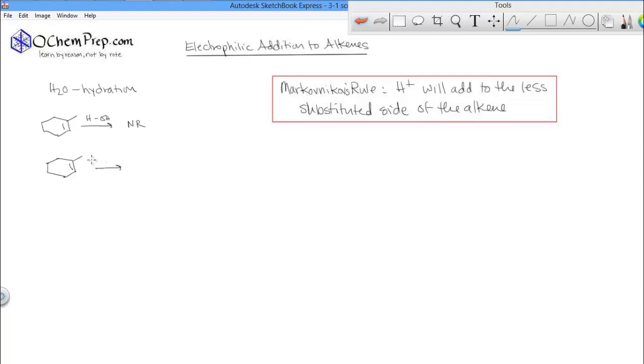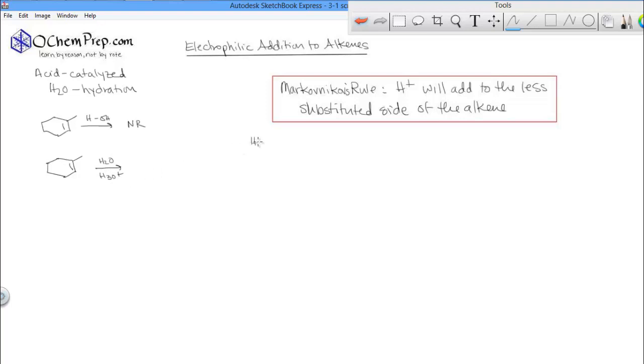Now the catalyst that we're going to add is H3O+. It's just an acid catalyst. So this is acid catalyzed hydration of alkenes. So how do we make H3O+?